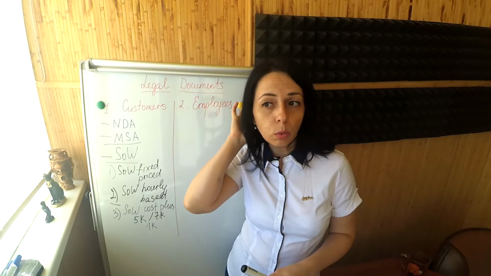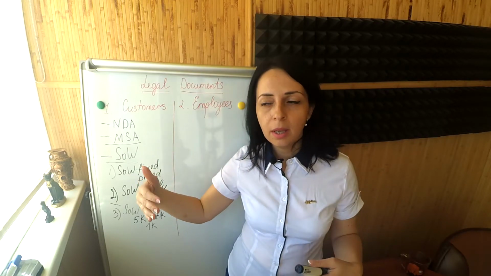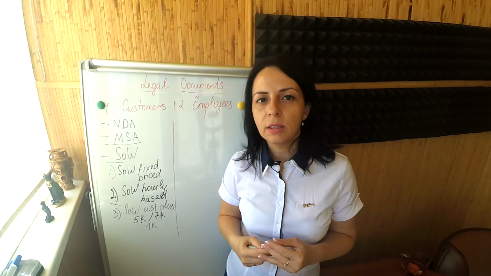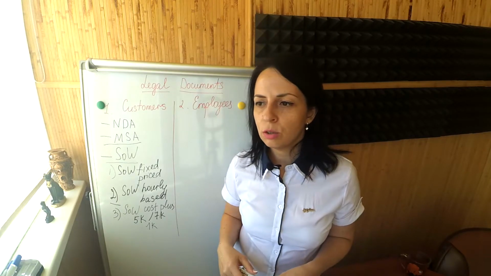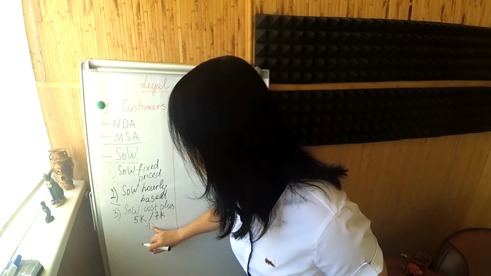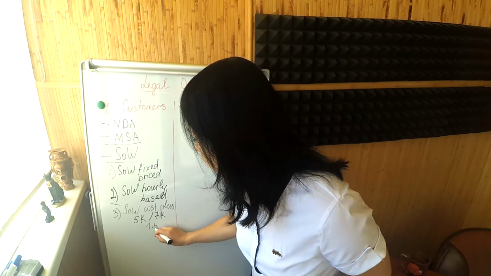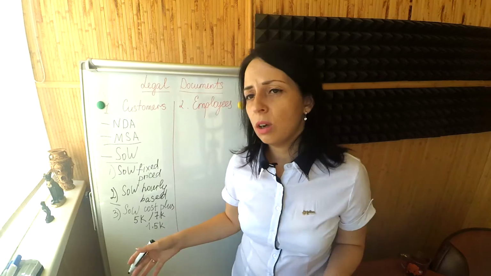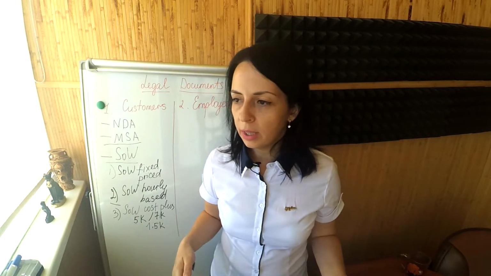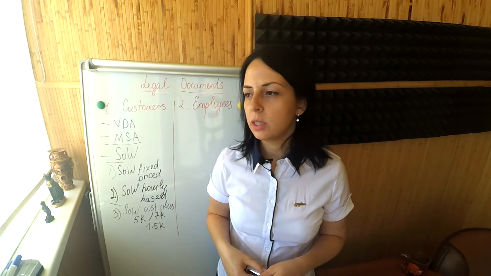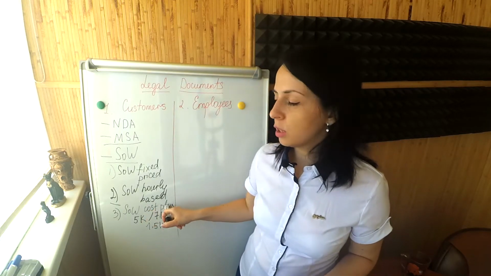And if you cannot meet 1.5K of a markup, then you're in a pretty bad situation, because your margin is not as high. So I strongly advise you to aim for 1.5K. It's not always reachable, but if you go for less, it might not be worth it for you to continue the relationship. So this is a cost plus model.